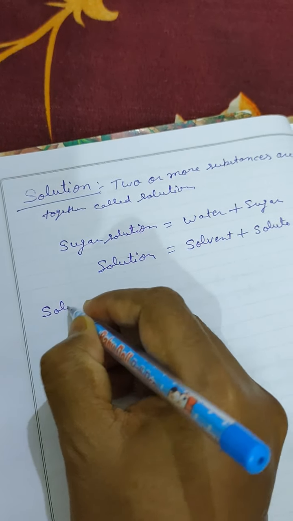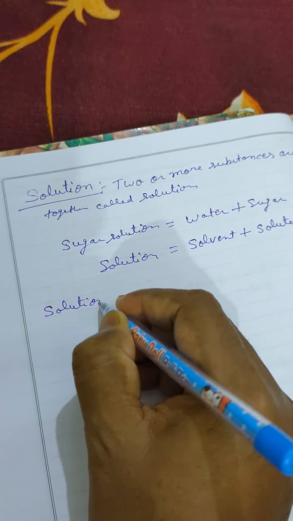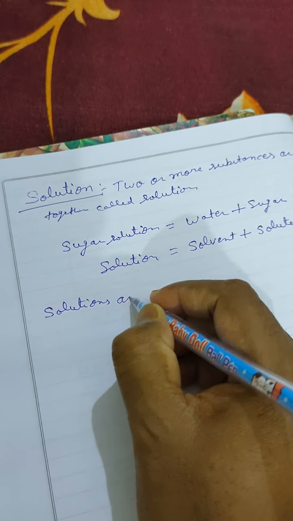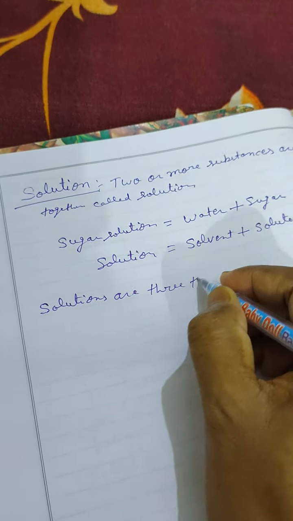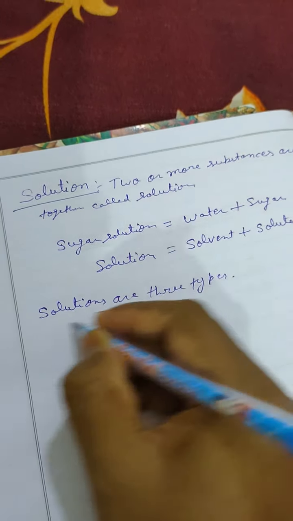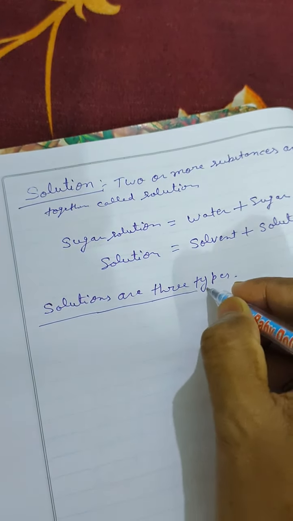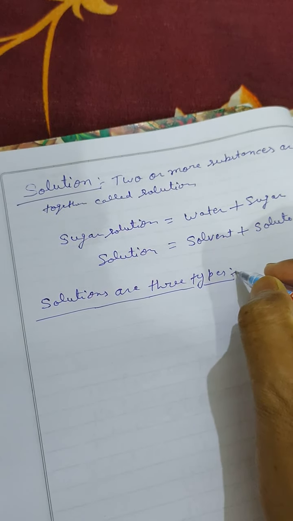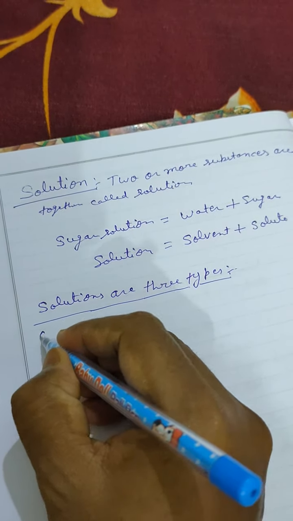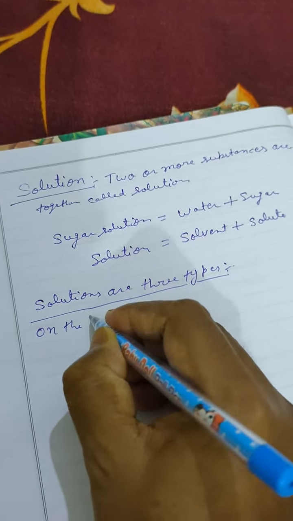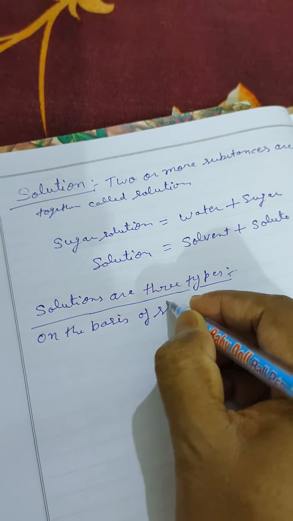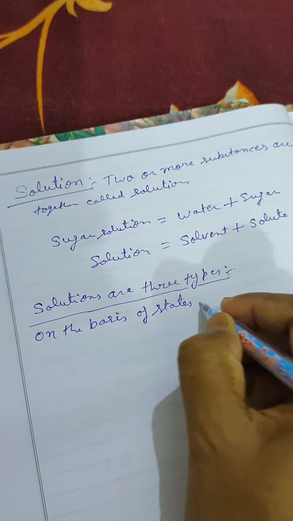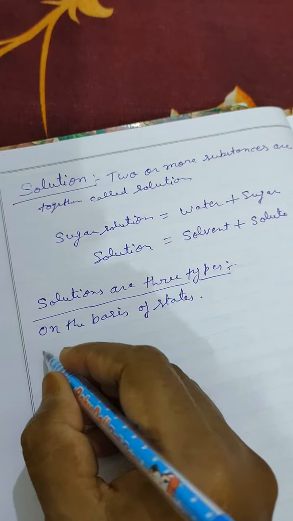Solutions are of three types on the basis of state. On the basis of state, which states are found? Mostly three types.